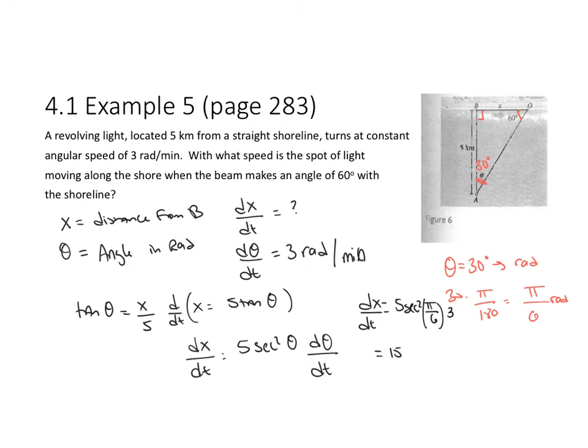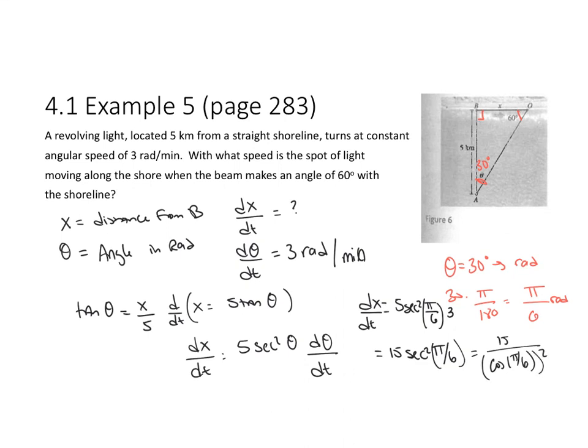So we have 15 secant squared pi over 6. I don't know secant squared, it's not on my unit circle, but I can rewrite it as 1 over cosine squared. And that is on my unit circle. So I have 15 over cosine of pi over 6, squared.